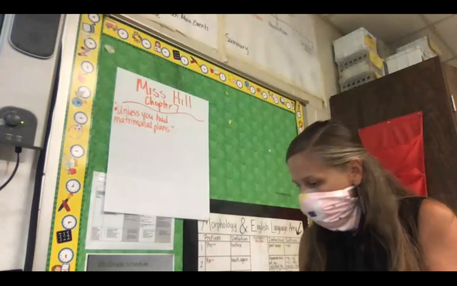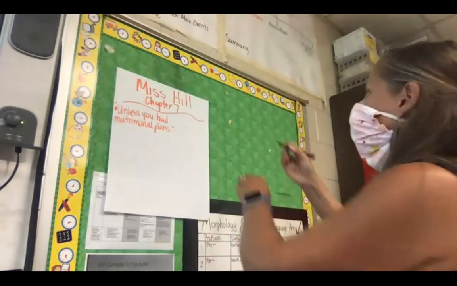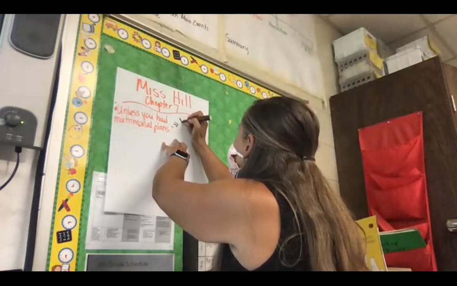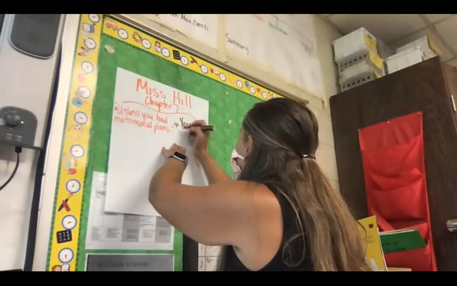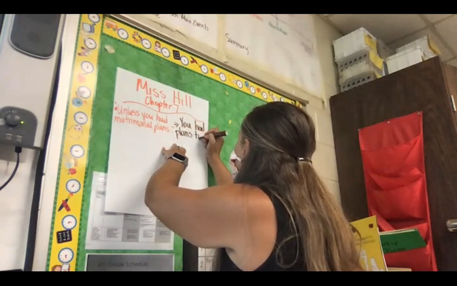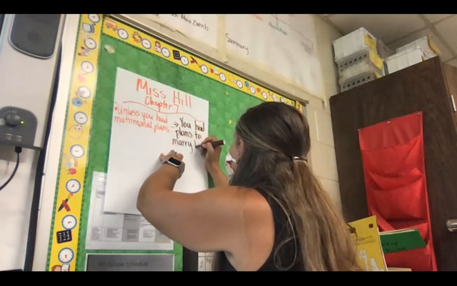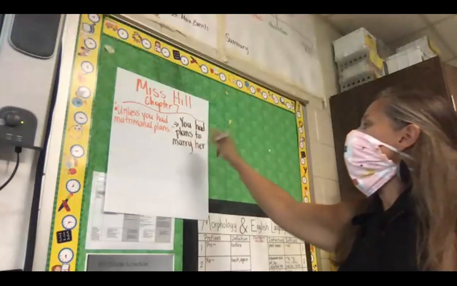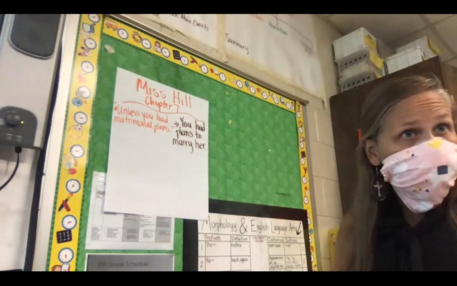So what does that statement mean? It's not bad news unless you had plans to what, Lily? To who? It's not bad news unless you had plans to marry her. You got it? Everybody understand?